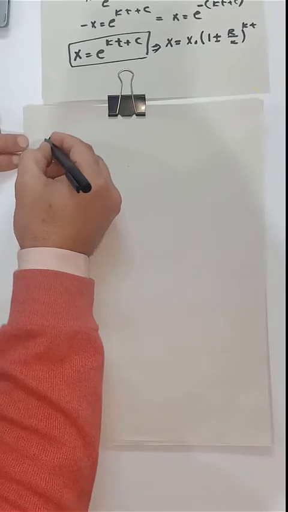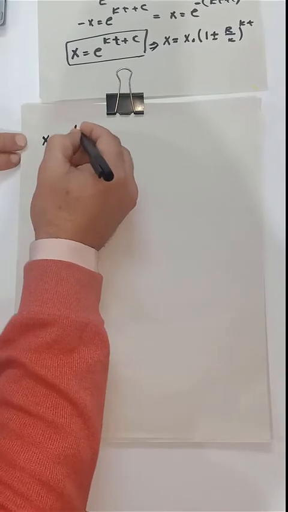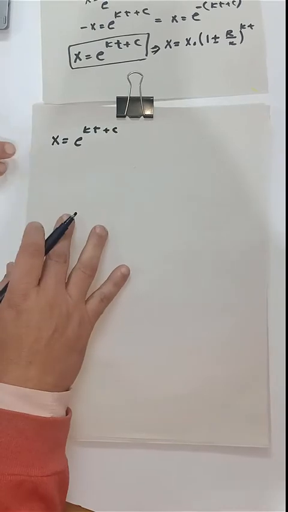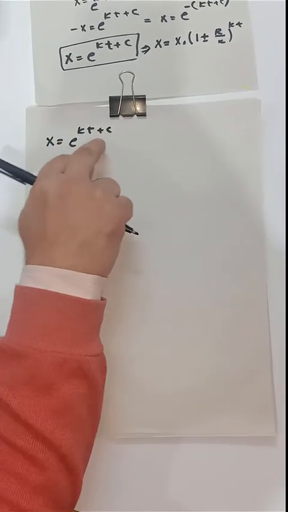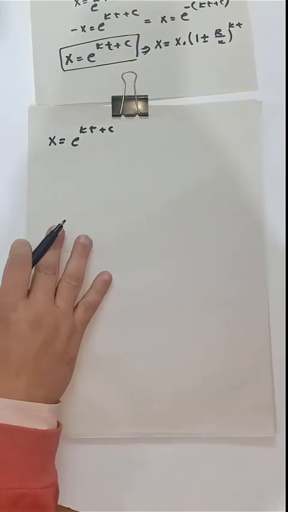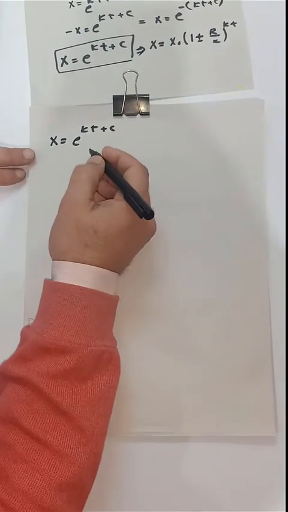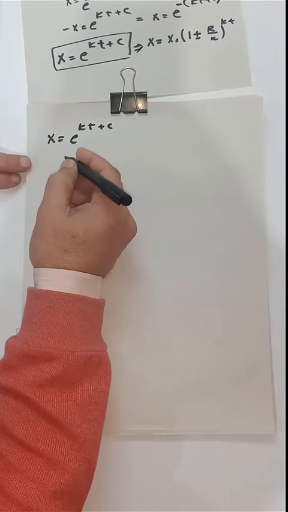Now, in this formula e to the power kt plus c, we have two constants. One is c, another is k. To find c, we put t equals 0.